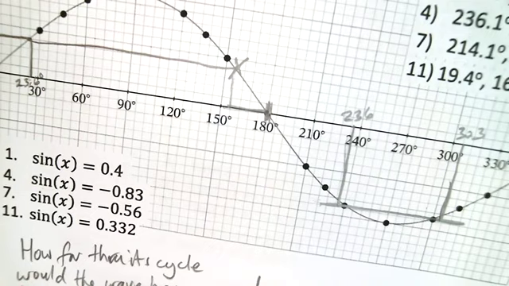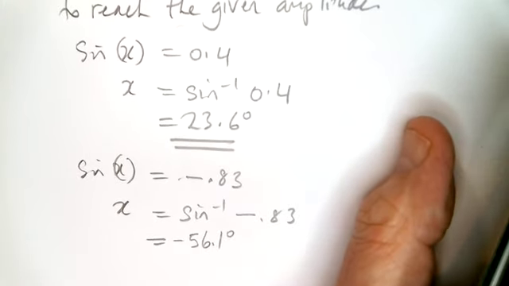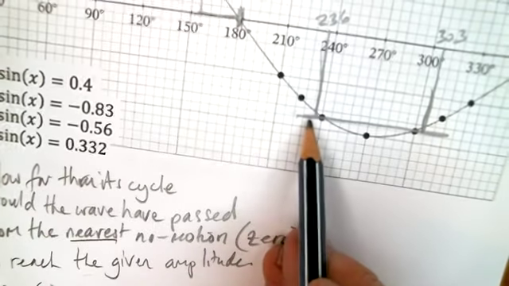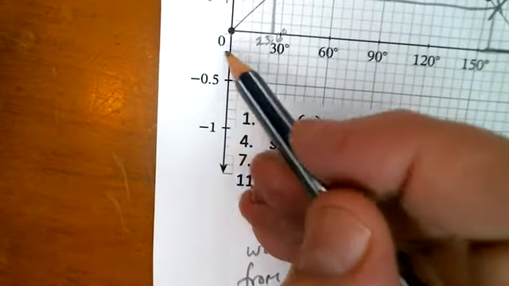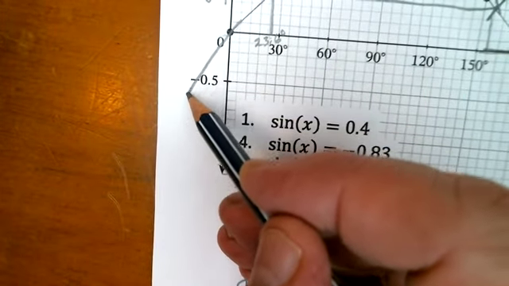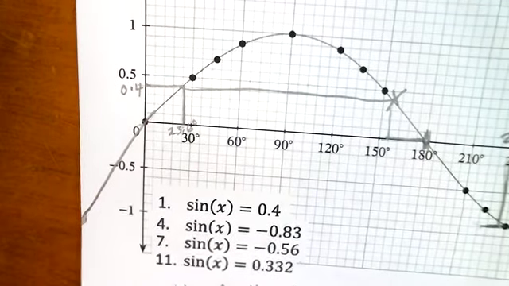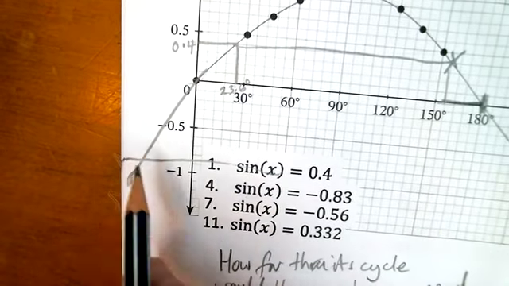But there's a reason why it's negative 56.1. Because the nearest position when the amplitude is negative 0.83 is actually back here, because that wave keeps on going. So where's the nearest position? There it is, carrying along over here.